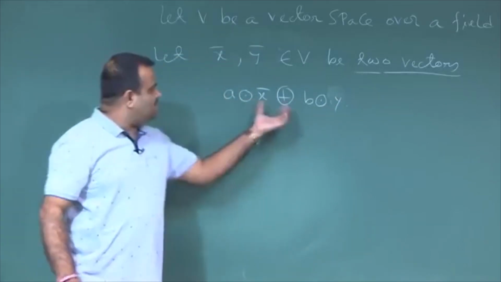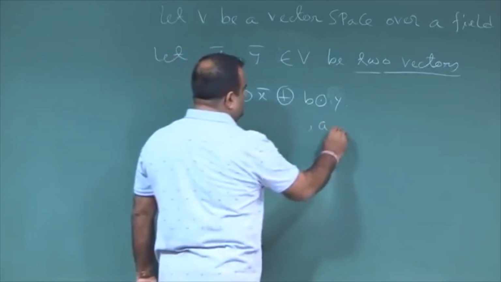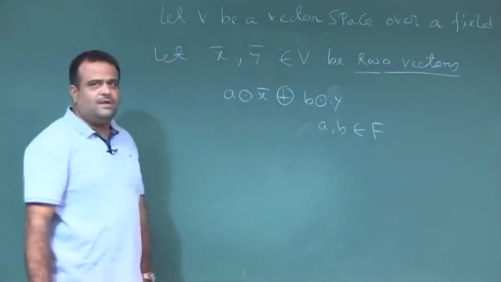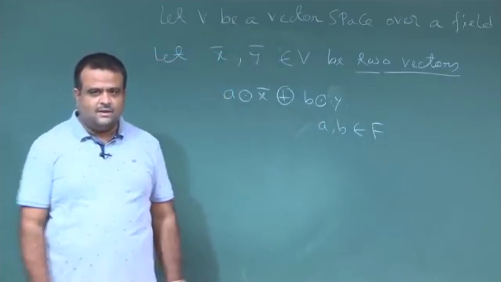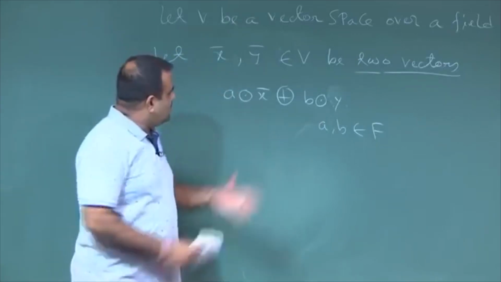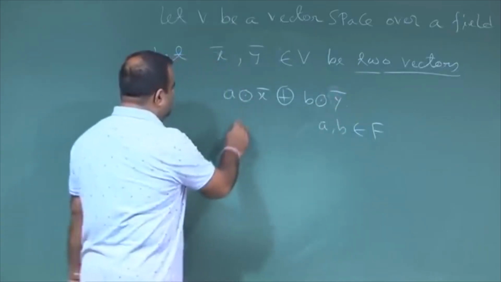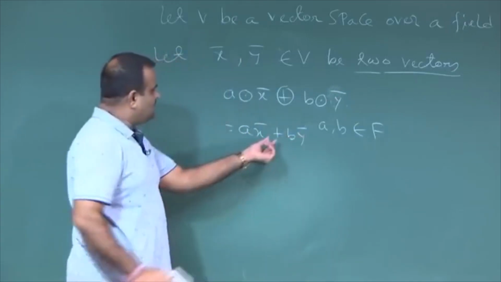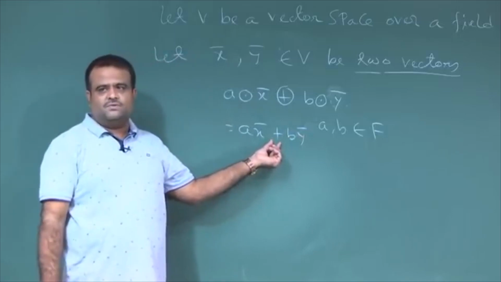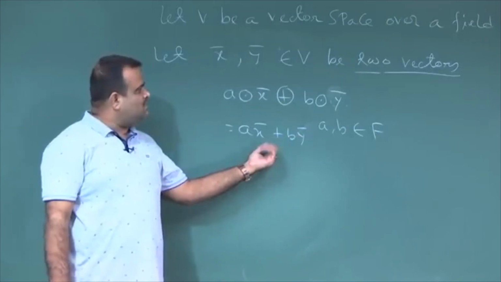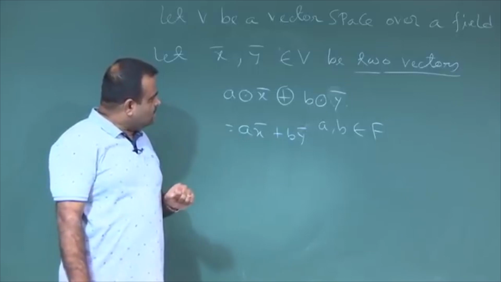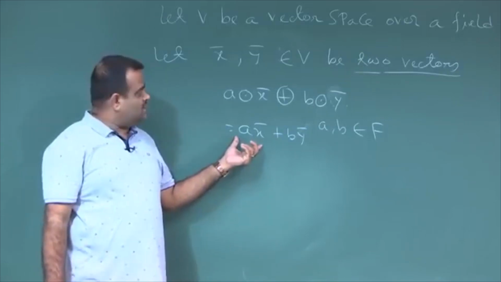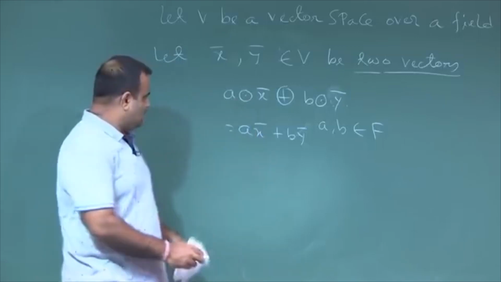This is a linear combination where a, b are coming from the field, and if we run this for all a, b, then this will give us a set. So, this is a vector. And for simplicity we just write a x plus b y, this plus is the vector plus. So, we have to be a little careful with the symbol, but for simplicity we can use this. So, this is basically called a linear combination of two vectors x and y.